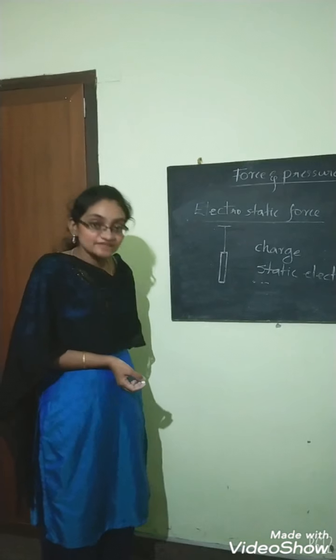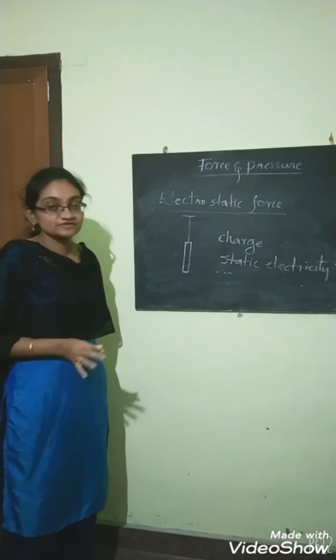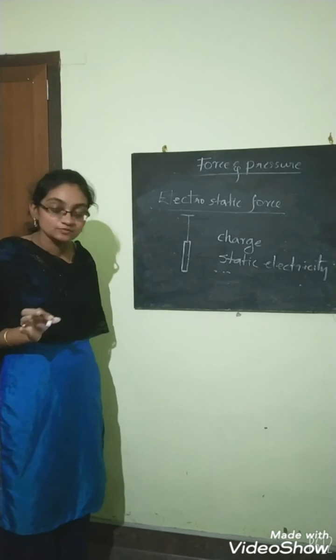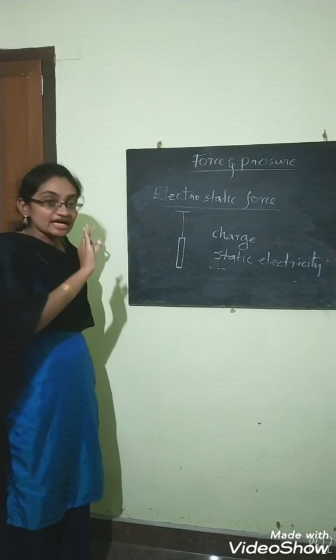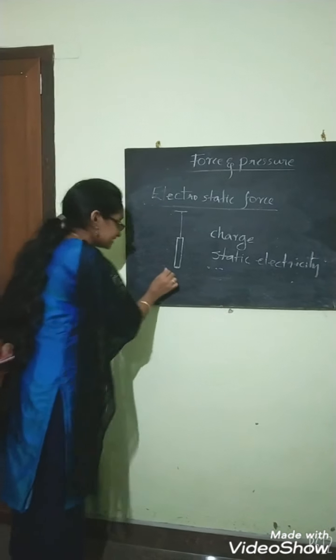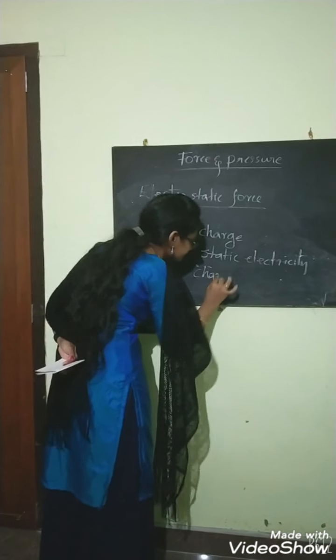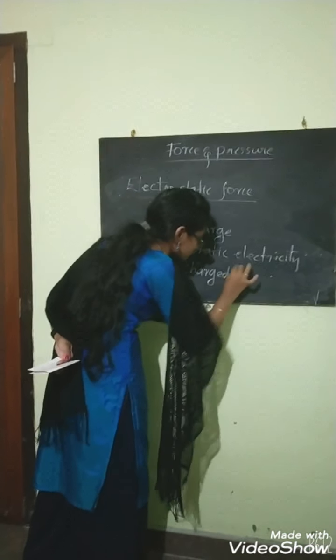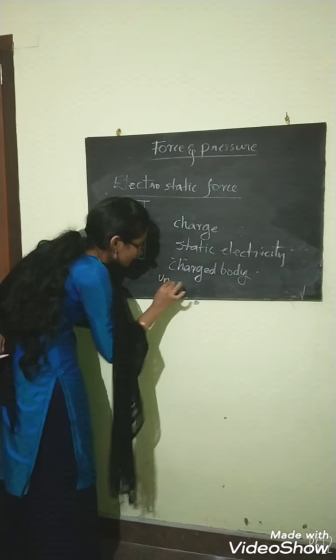So we are explaining here what is electrostatic force. The definition of electrostatic force is that it is the force exerted by a charged body on a charged body or an uncharged body.